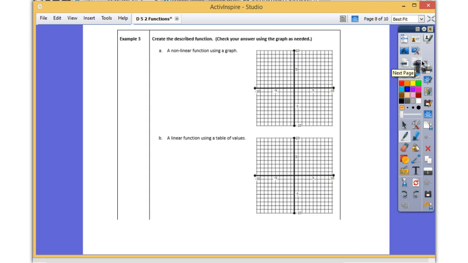All right, let's go to example 3. Create the described function. Check your answer using the graph as needed. For letter A, they want us to make a non-linear function using a graph. Well, in our vocab, I gave you all those examples of a non-linear function.